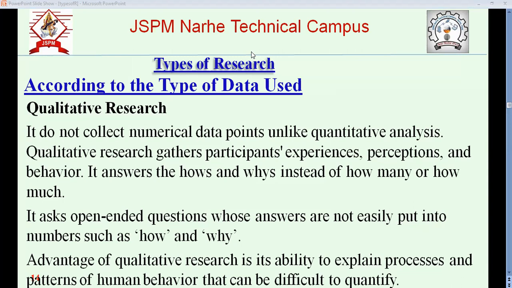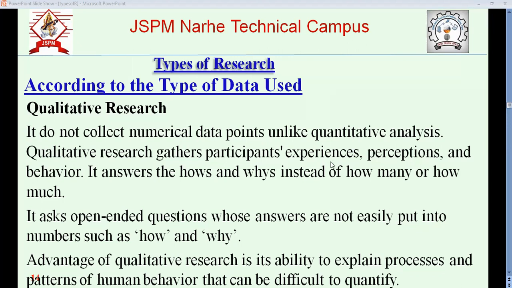It can explain the various processes of human behavior, patterns of human behavior, which are sometimes difficult to quantify. Please understand, not always, but many times it is difficult to quantify.